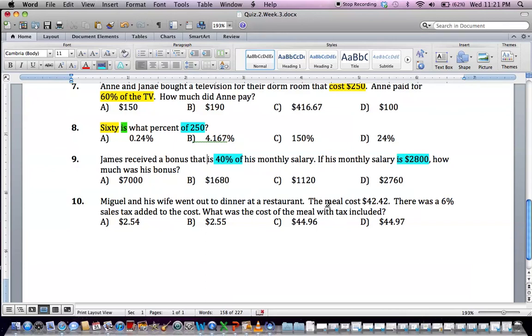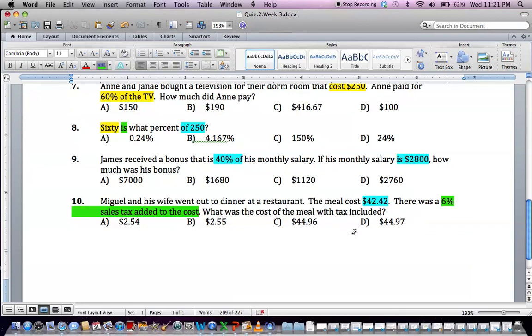The meal cost $42.42, that's the cost of the meal. And then there was a 6% sales tax added to the cost.